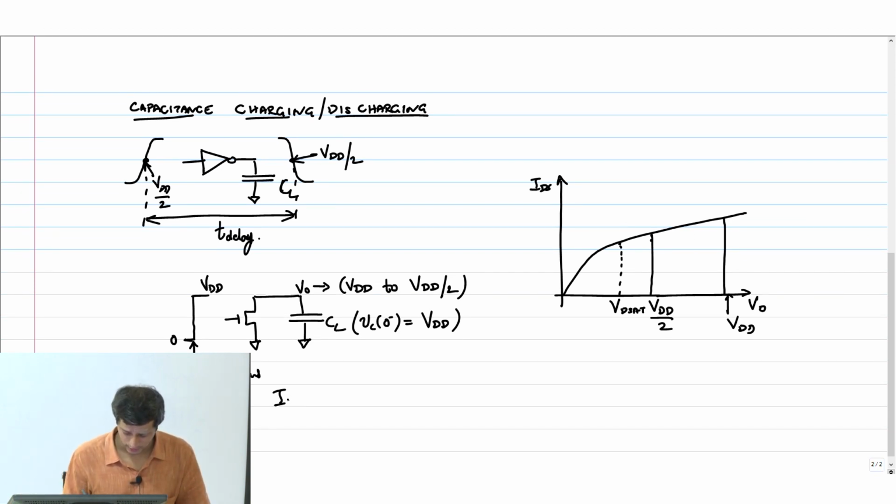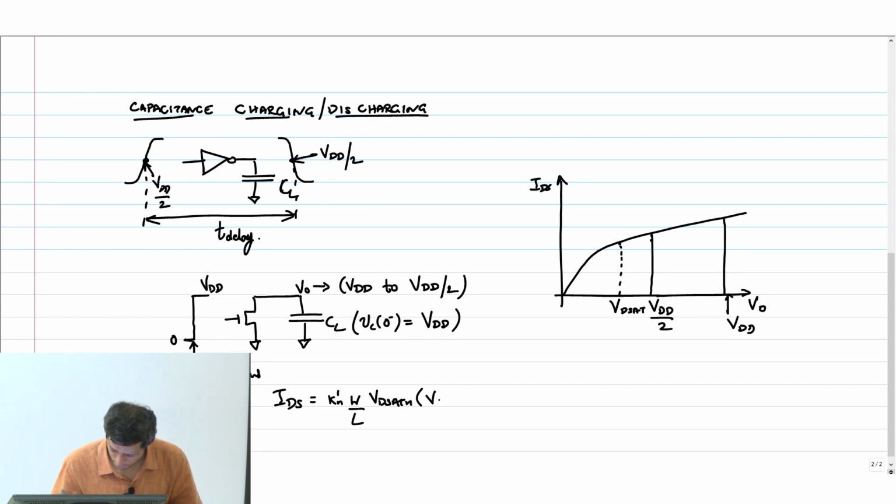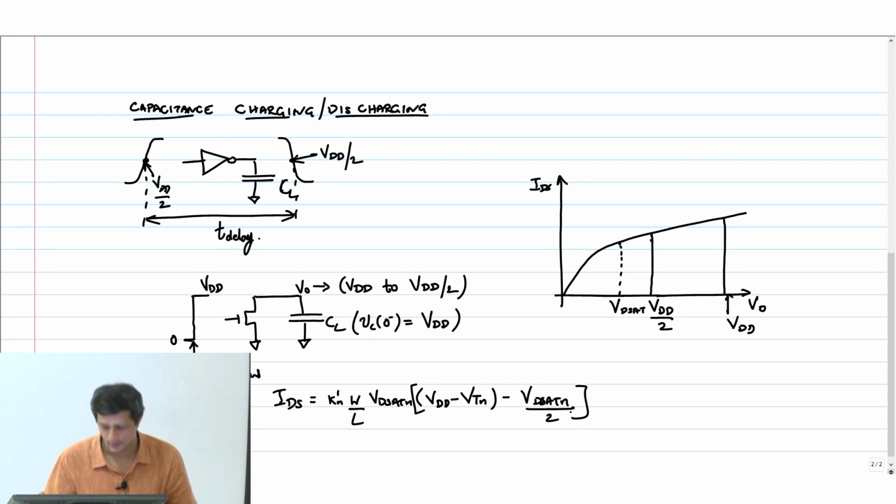So what is the equation of the current IDS? Let's say it's velocity saturated. It is Kn prime W by L into VDsat n into, what is VGS? VDD, right? VDD minus VTN minus VDsat n by 2, into 1 plus lambda V0.